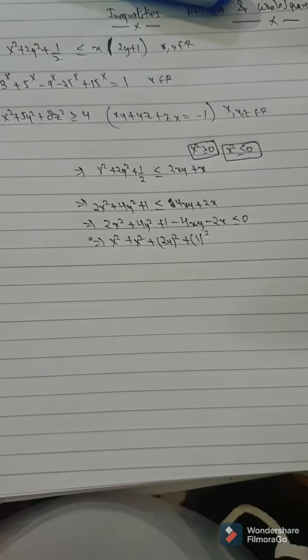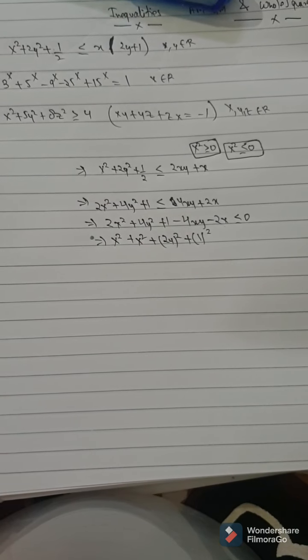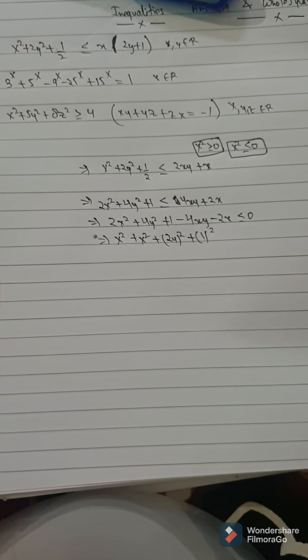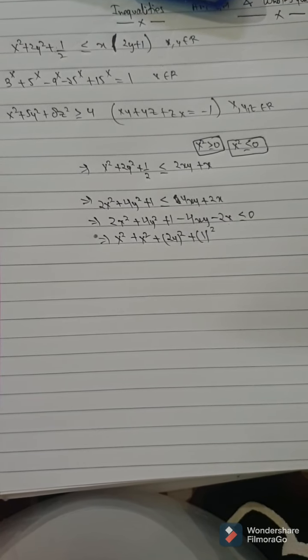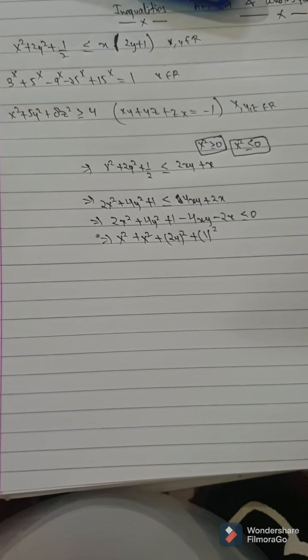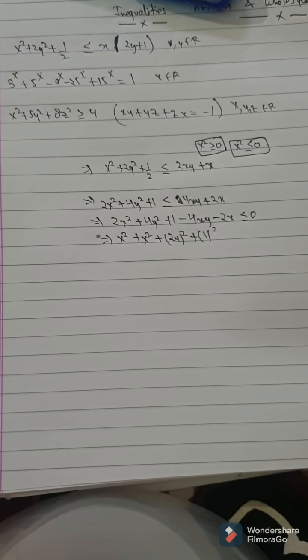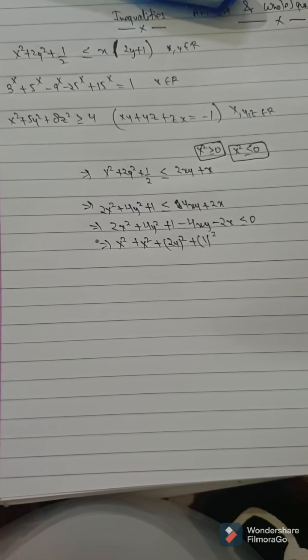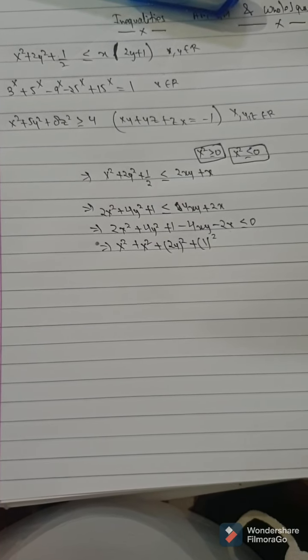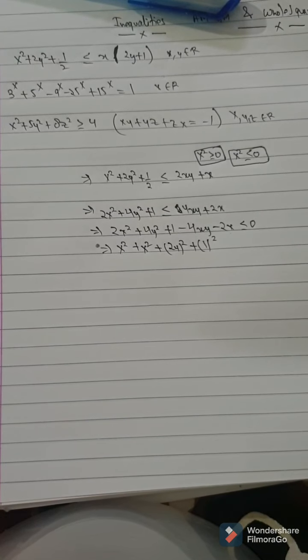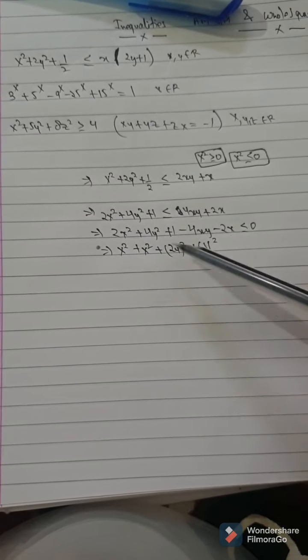Now 4xy. Do you remember the format of a minus b whole square? A square plus b square minus 2ab. So how would 4xy come? 4xy would only come if there is something like 2 into 2x into y or 2 into 2y into x. But what we see here is x and 2y.